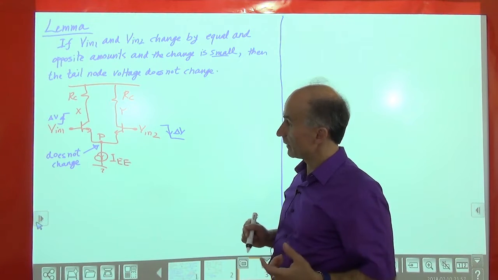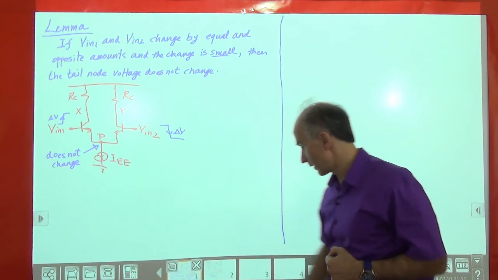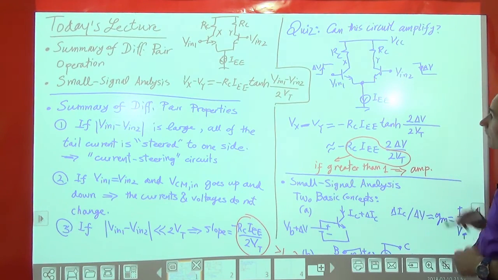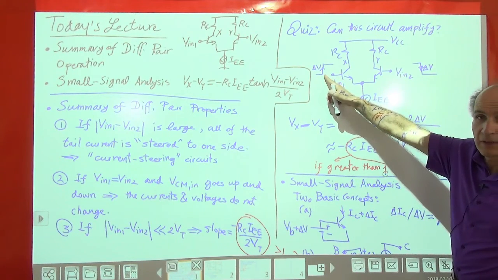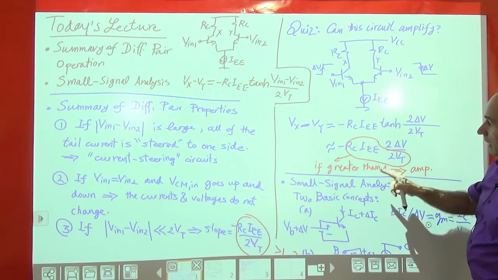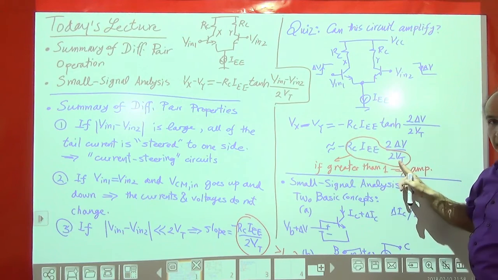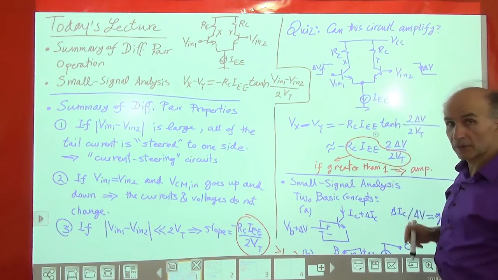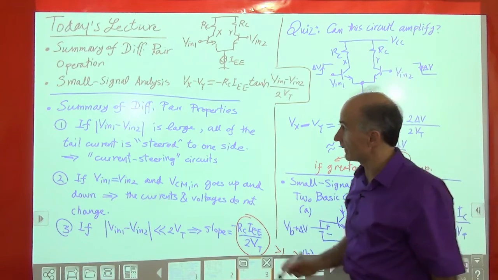Based on what we just saw on the previous page, let me go back and refresh your memory. What we saw was that if I have positive delta V on this side and negative delta V on this side, then Vx minus Vy changed by this much. So let's go back to page 3 and write that again.